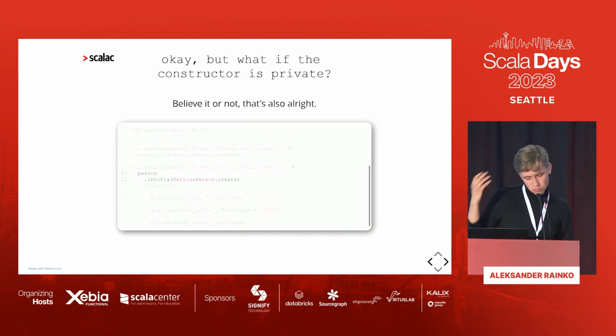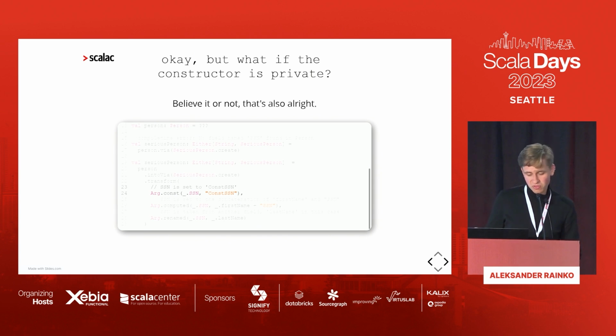So what can we do now? There's another combinator called intoVia, which is like into, but for method references, right? So we can once again nudge the transformation in some way. Just as with fields, we have our basic configuration options. There's arg.const, which sets a constant value to a given argument.